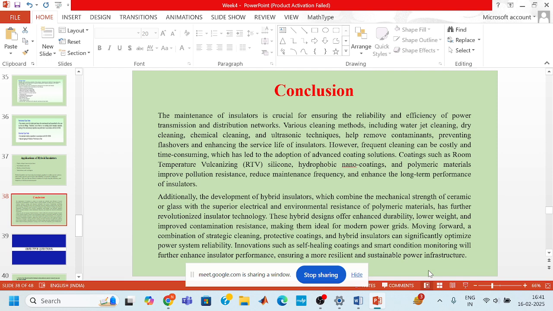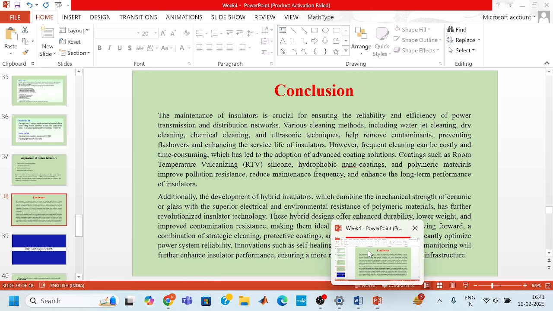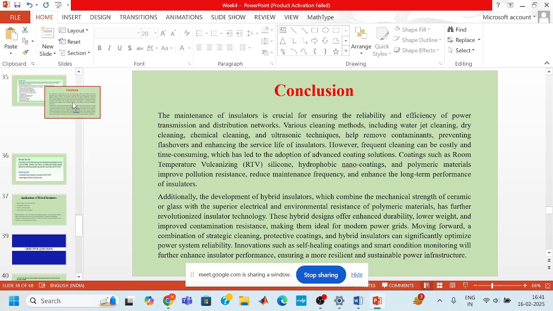And innovations such as self-healing coatings and smart condition monitoring will further enhance insulator performance, ensuring a more resilient and sustainable power infrastructure. So, I have covered all the topics of this subject, I think. Recent advances of transmission insulators.